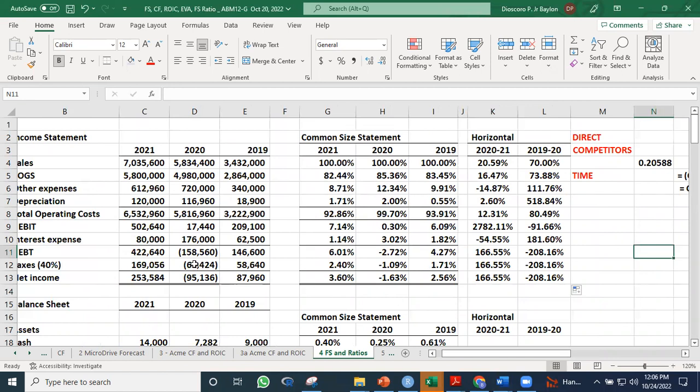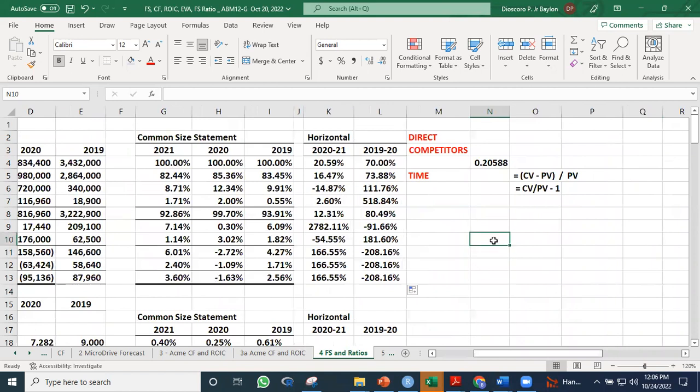Tanong, ilang percent yung growth niya? Okay, so that's quite tricky, no? Kasi, wait lang class, I'm having difficulty.